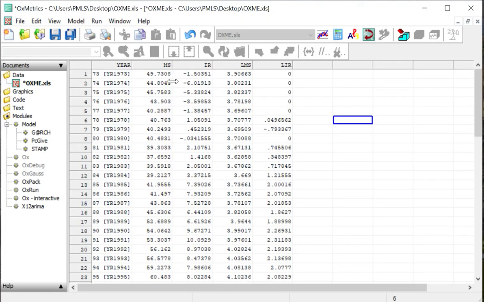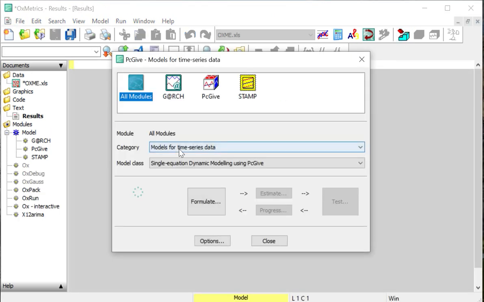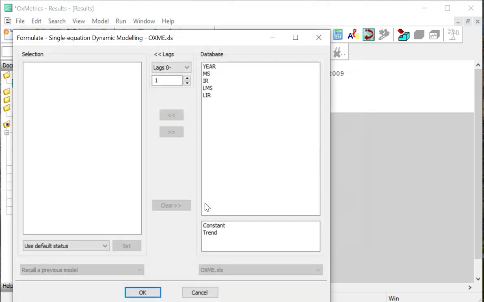I already imported the data and converted it into log form, so you already know how to convert this into log form. First of all, go to Model, the time series data model, and choose all modules, single equation dynamic modeling using PcGive, formulated. First of all we need LNMS and LNIR and its constant term.